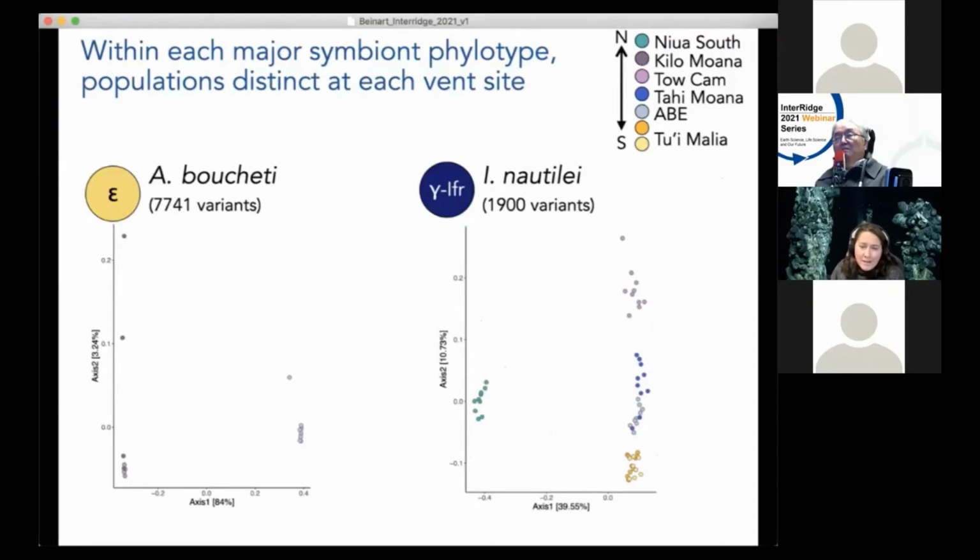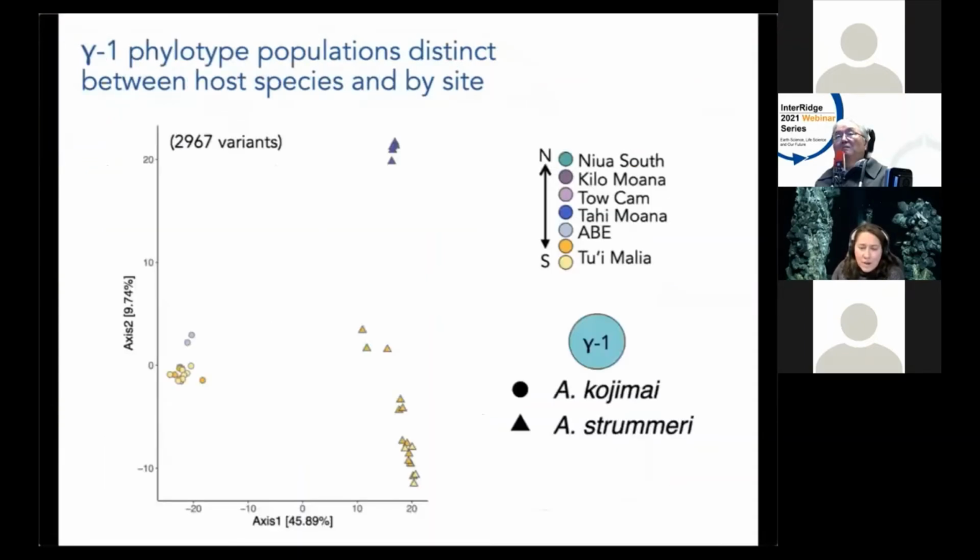When we look at Alviniconcha kojimai and Alviniconcha strummeri, these are the species of Alviniconcha that I mentioned earlier share a symbiont phylotype, one we call gamma 1. What we found is that there is a differentiation by host species. Here, each of these individuals is shaped by the species, where the circles are kojimai and the triangles are strummeri.